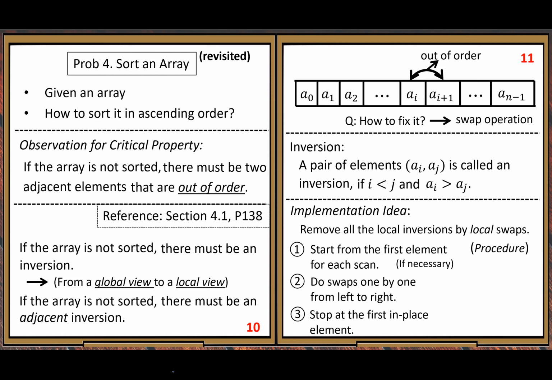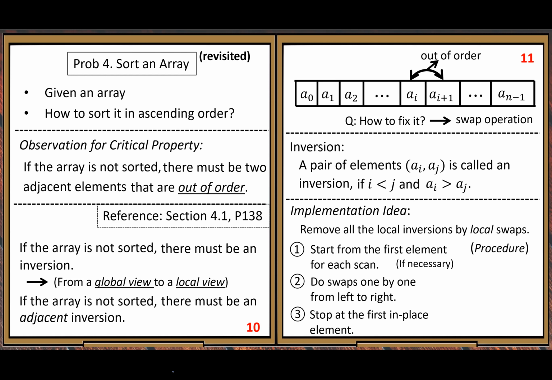Another swap operation, and you continue until you reach the end of the current array. That's the final position of this element, which means you put it in place. So every scan, you put the largest element in the current array in place.